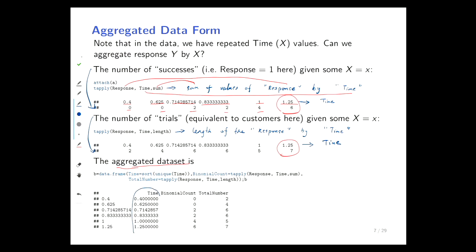So this is the time. And how to do that, you need to use the sort and unique functions. So the unique function, basically, what's the meaning for the unique function? Basically, it returns time without repeated value.